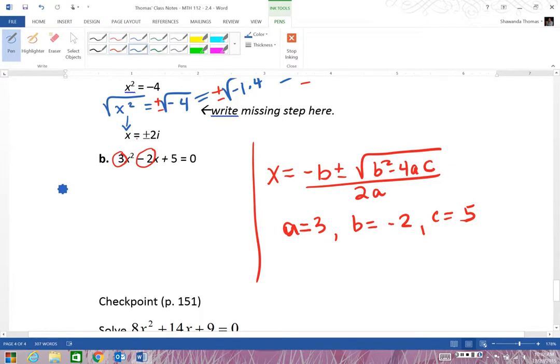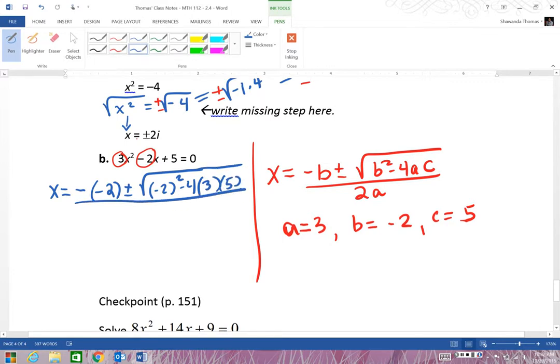I'll get x equals negative negative 2 plus or minus square root negative 2 squared minus 4 times 3 times 5 all over 2 times 3, which is x equals positive 2 plus or minus square root 4 minus, what is 12 times 5? 60, over 6.